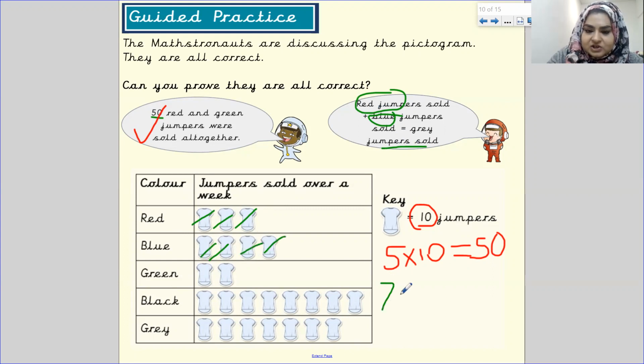That's 7 pictures times 10 gives me 70. We can double check that by counting the red and blue jumpers in tens. 10, 20, 30, 40, 50, 60, 70. So that's correct. Equals the same number as the grey jumpers. Now, shall we count the grey jumpers in tens? 10, 20, 30, 40, 50, 60, 70. So we know he's correct too.